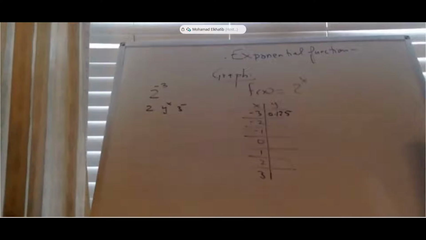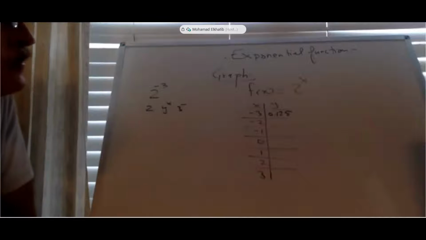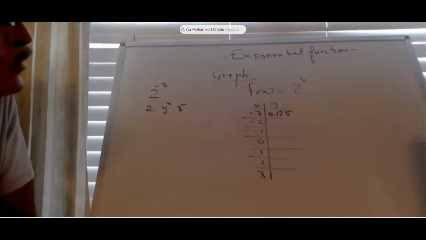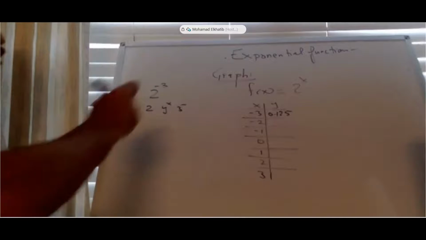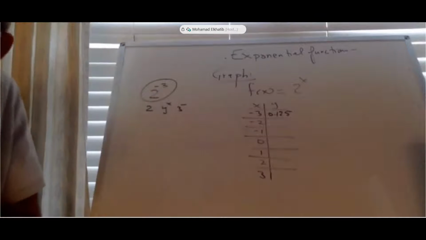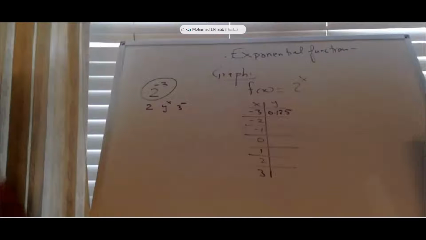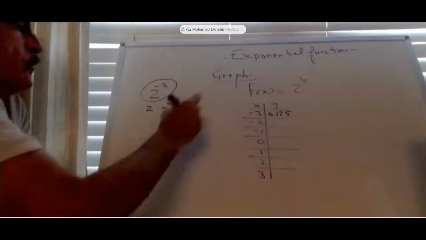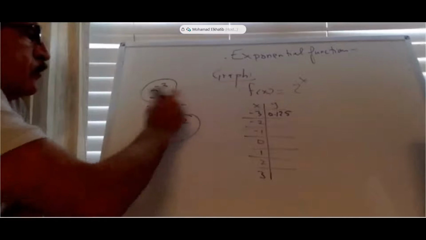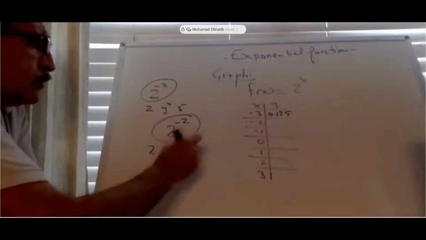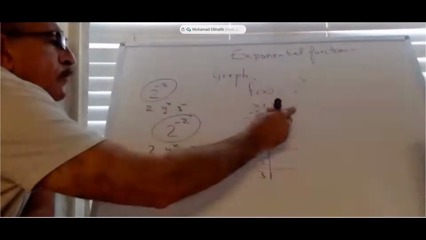So I want to wait to be sure everybody got that answer here. Did you get 0.125 when you found 2 to the power -3? Are we good? Yes. Okay. x is -2. So everywhere I see x, I put -2. So I go to the calculator, 2 to the power x, 2, right? I get 0.25.